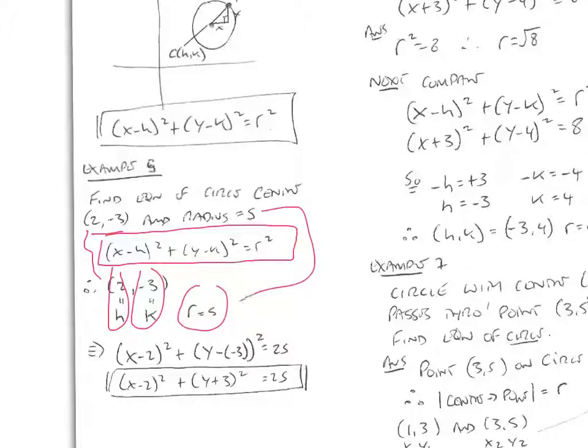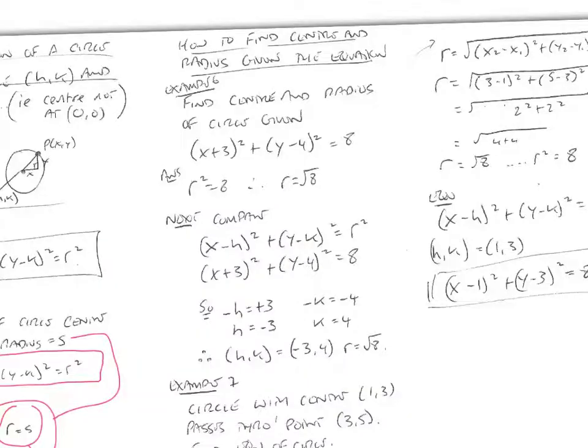We have that from here. So we simply just plug in the values. That becomes (x minus 2) squared plus, be careful, y minus k, which is minus 3. So always be careful with these, we see the minus sign. That's all equal to 5 squared, which is 25. So our final equation is (x minus 2) squared plus (y plus 3) squared. Minus times minus is plus 3.